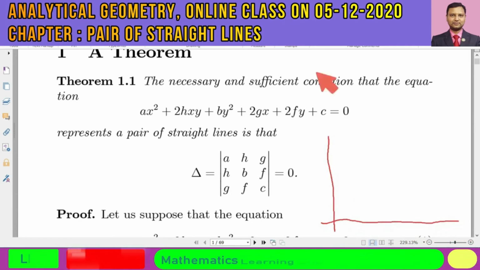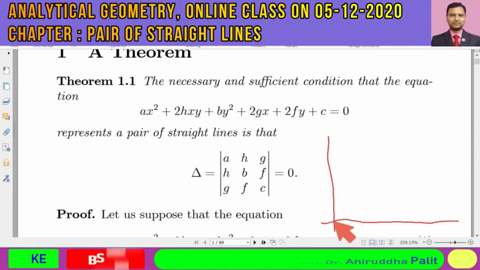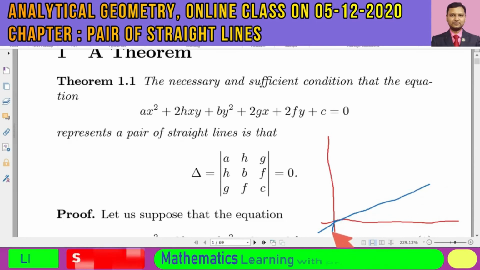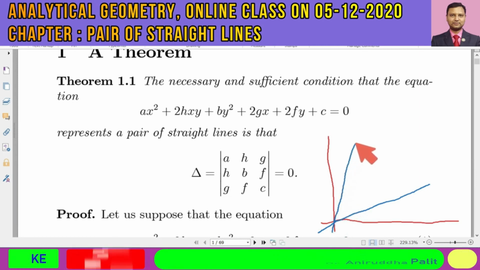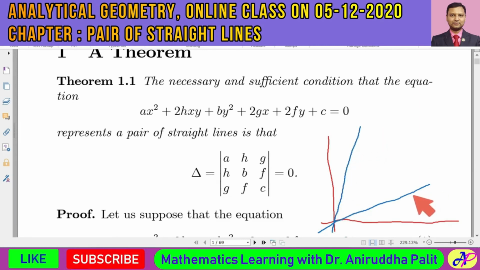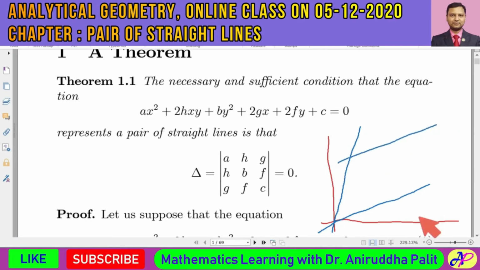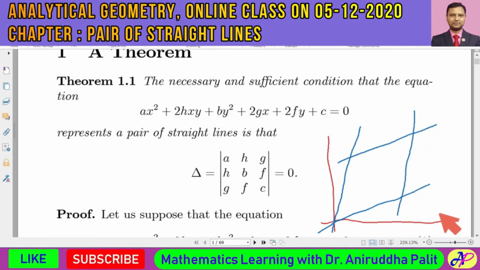These are the coordinate axes, and now suppose that we have a homogeneous equation of second degree that represents a pair of straight lines passing through the origin, and we are trying to draw parallel straight lines over here.